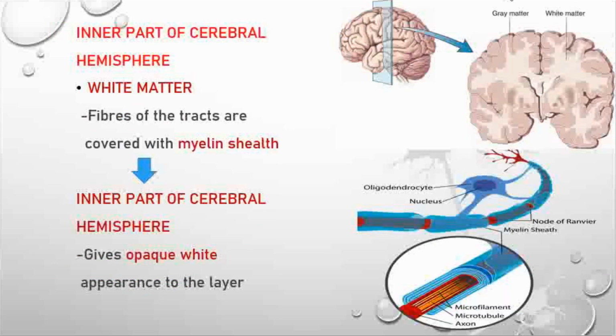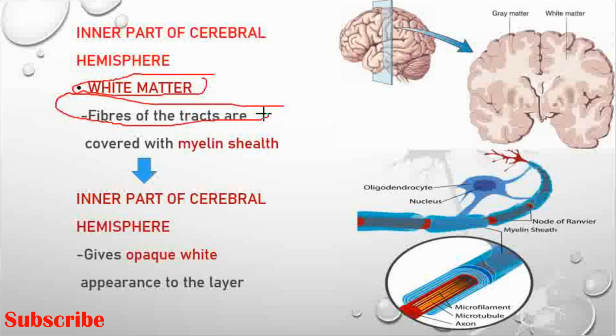Next, the inner part of the cerebral hemisphere. We have discussed the outer layer. What will the inner part contain? It contains the white matter. What do we call white matter? In the brain, what we call white matter is nothing but the fibers of the tracts covered with myelin sheath.